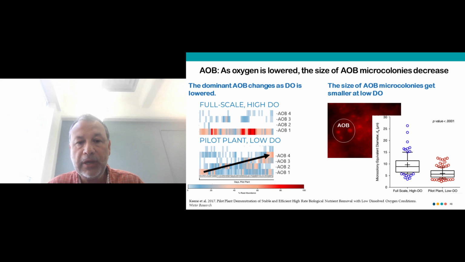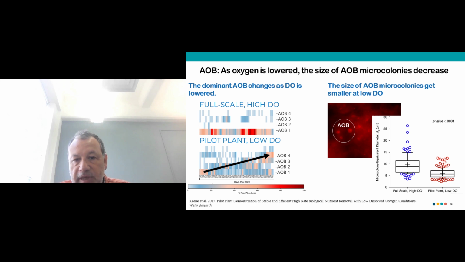Ammonia oxidizing bacteria are known to grow in microcolonies inside of the flocs, spheres of a certain diameter. And the question we asked was, when we subject this to low DO operation and the plant is efficiently working at low DO, how does the size of those colonies compare to the size of the colonies of ammonia oxidizing bacteria in the full scale? And that's the plot that you see there.